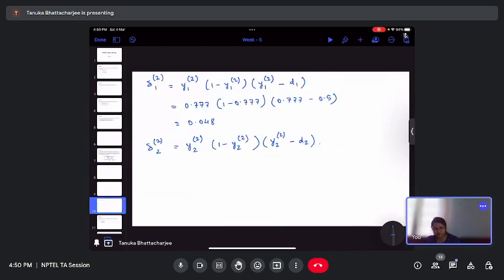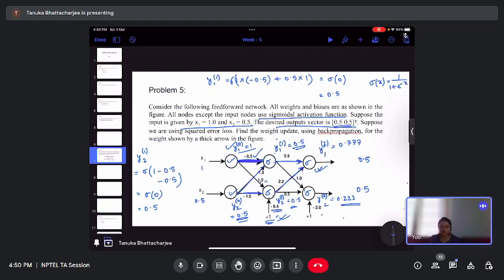If you compute this, you get the final error contribution as minus 0.048. So these are the errors at your output layer.